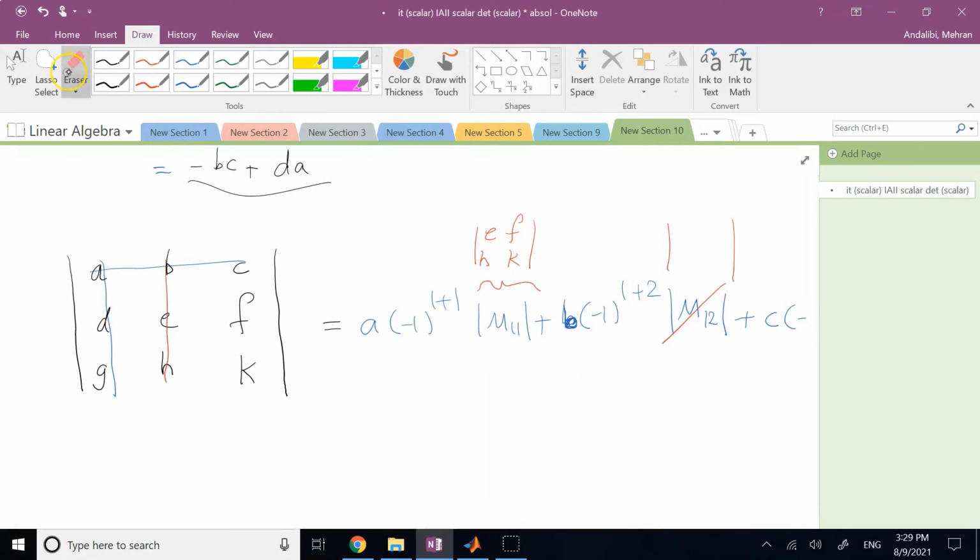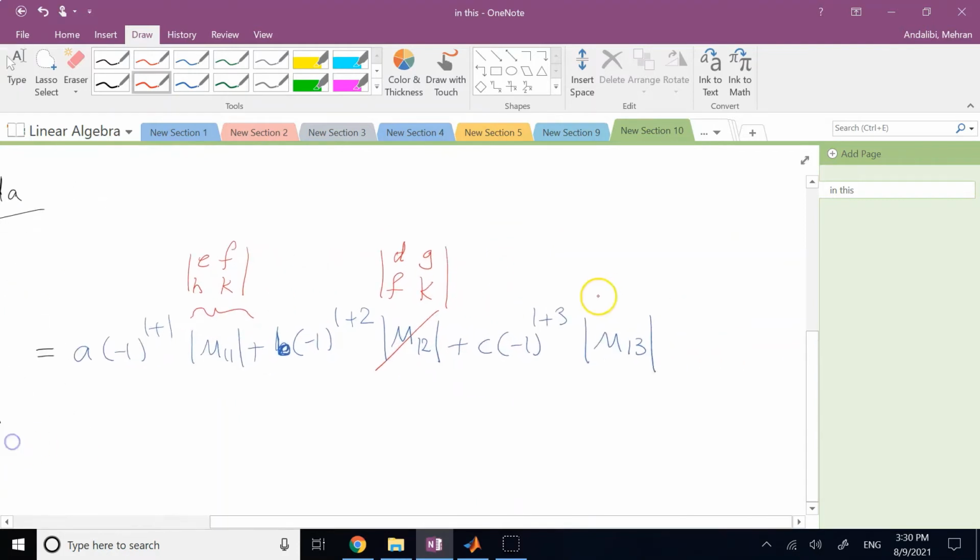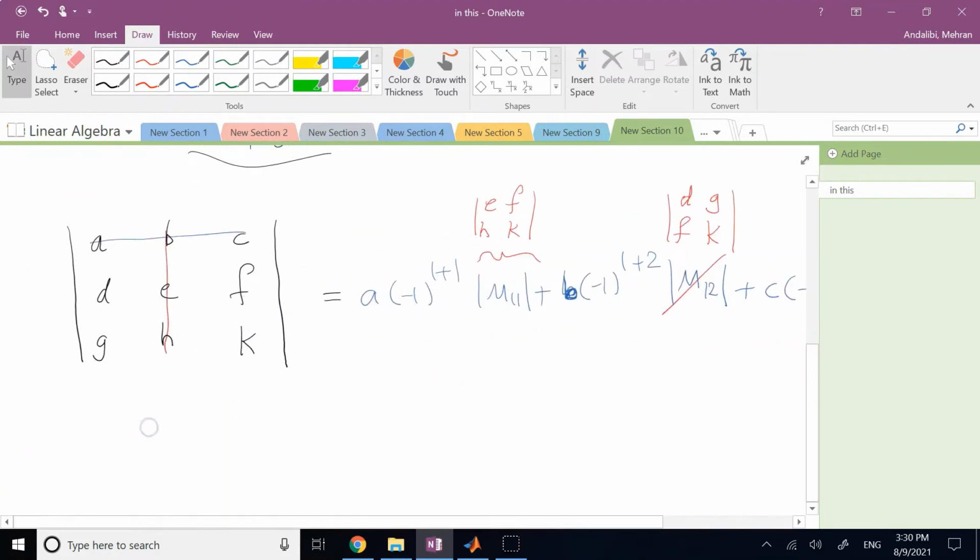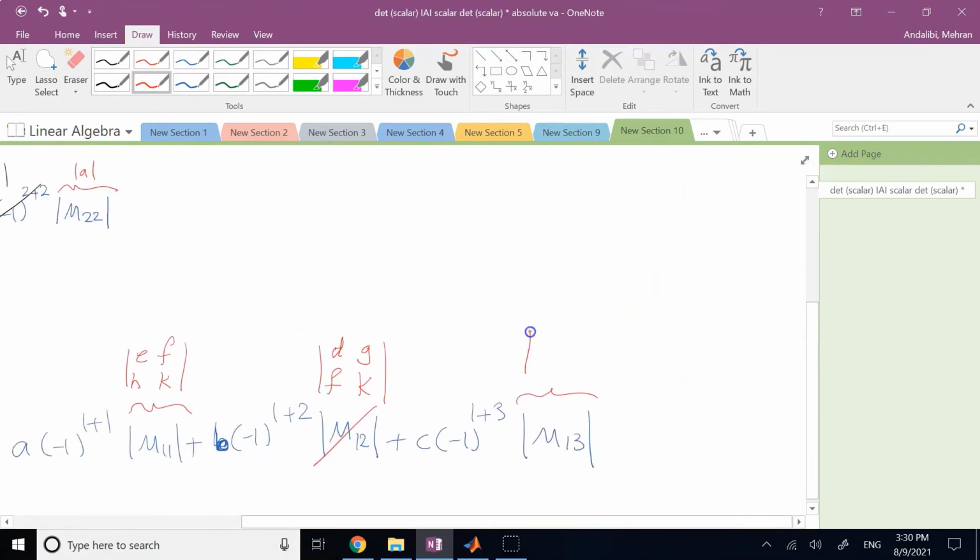So the result is going to be D, G, F, K. And finally, this one means the first row and the third column, so you get D, E, G, H. Right? And these signs, this is 1, this is -1, and this is +1.